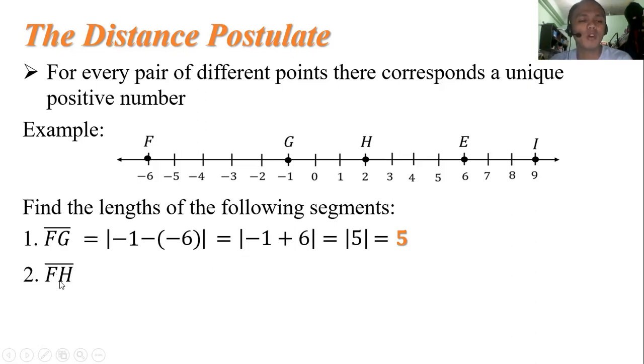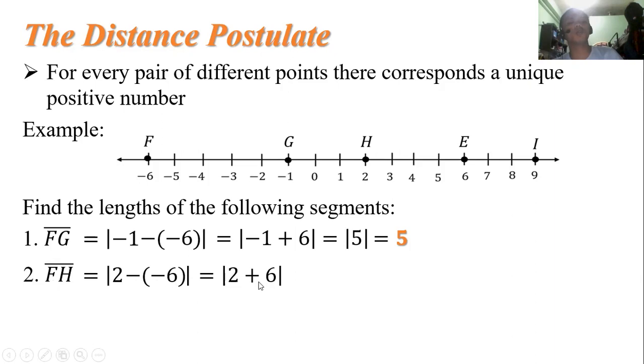Pwede mo unahin yung coordinate ng H or ng F. So this time I will put first the coordinates of point H, which is 2, minus yung coordinate naman ng point F, which is negative 6. 2 minus negative 6 or 2 plus 6, that would be equal to 8. Then what is the absolute value of 8? Is 8. Therefore, the distance of point F to point H is 8 or the length. Nagsisilbing length na rin siya ng segment FH, which is 8 units.